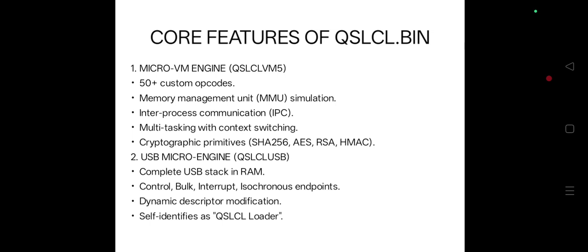It has control, bulk, interrupt, and isochronous endpoints, 64 endpoints in total, as you can see in my build.py. It also has dynamic descriptor modification, which sometimes prevents alignment issues, because most likely when building the Python script, the result is not accurate if the code itself has a bug.